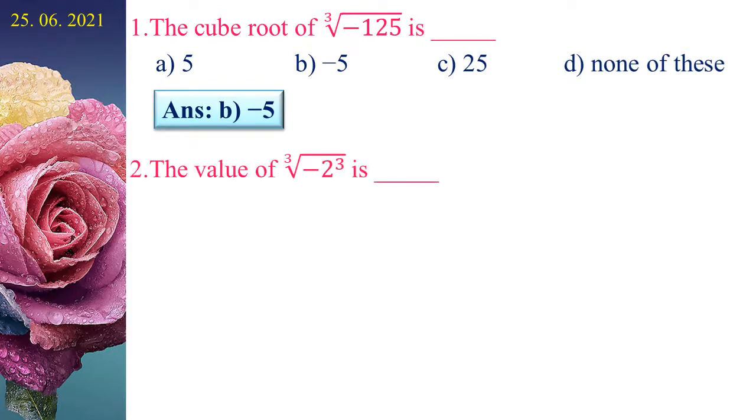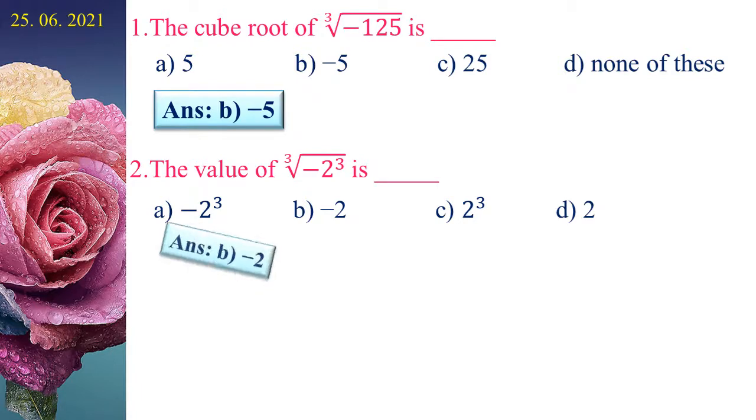Next question. The value of the cube root of minus 2 cube is dash. A minus 2 cube, B minus 2, C 2 cube, D 2. Answer B, minus 2.